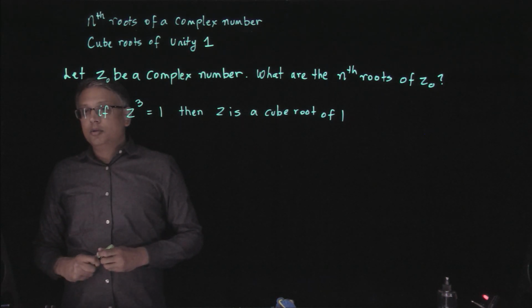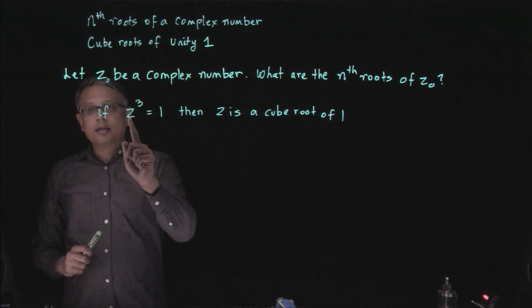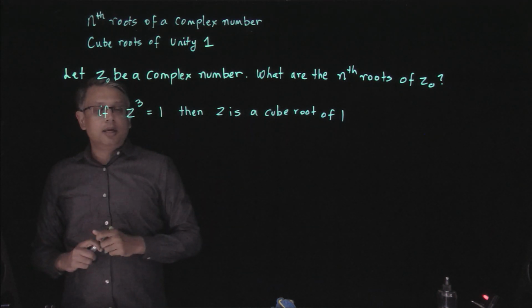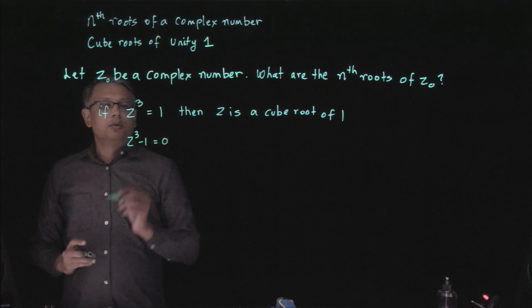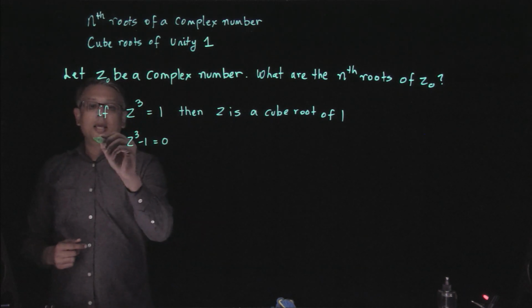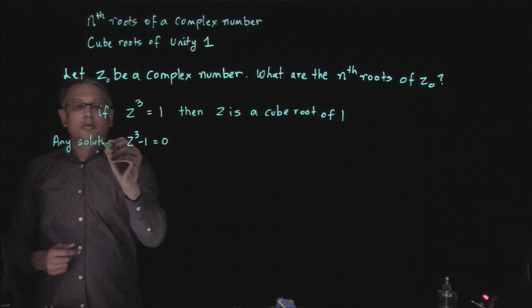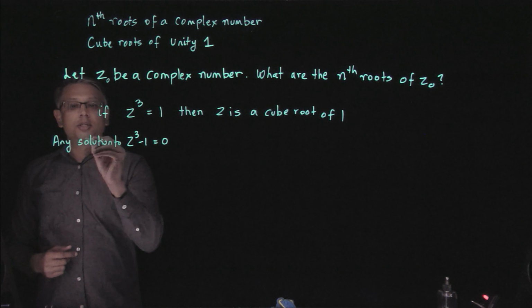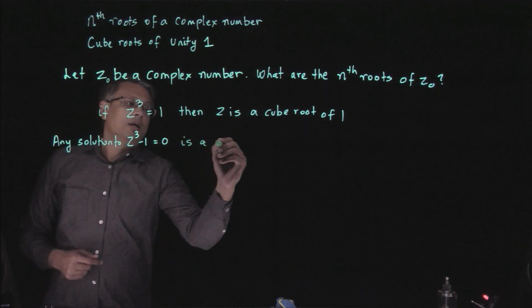And the reason you're going to have exactly 3 numbers is you can think of finding a cube root of 1 as asking for a solution to this equation. So any solution to the equation z cubed minus 1 is equal to 0 is a cube root of 1.